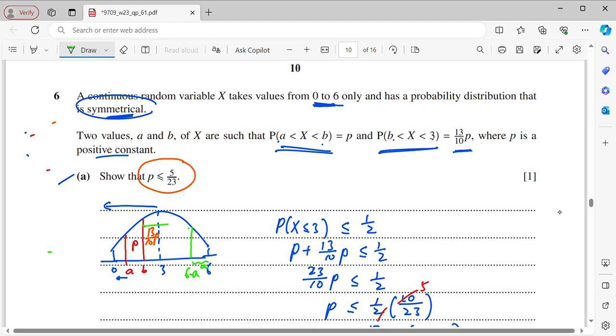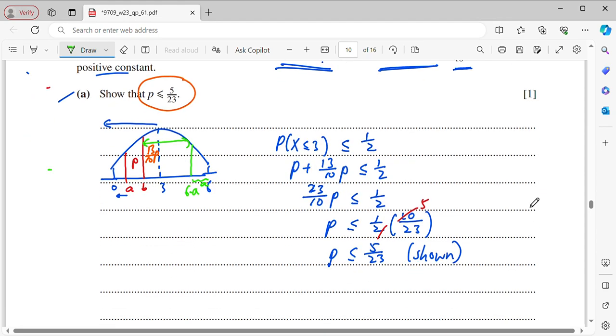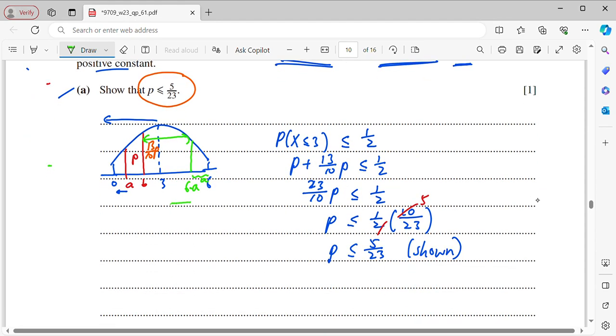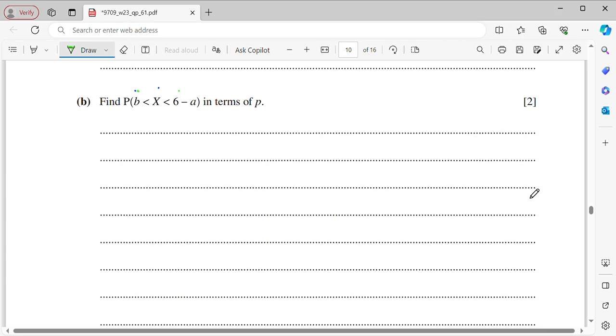To find this probability, it will be P(x less than 6 minus a) minus P(x less than b). So P(x between b and 6 minus a) is P(x less than 6 minus a) minus P(x less than b).